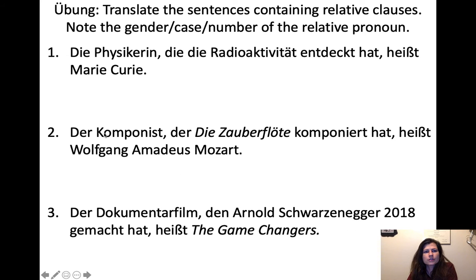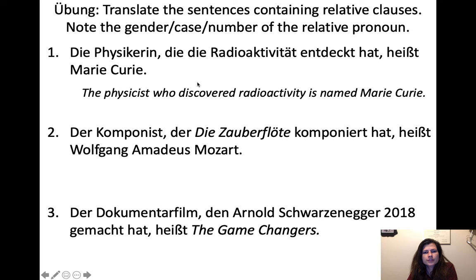Okay. So, die Physikerin, die Radioaktivität entdeckt hat, heißt Marie Curie. So, the physicist who discovered radioactivity is named Marie Curie. So we have who discovered radioactivity, that's die Radioaktivität entdeckt hat. So in German in this case you would say the radioactivity.